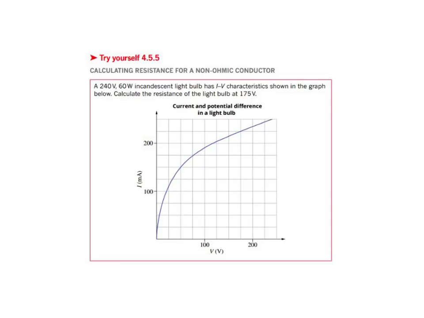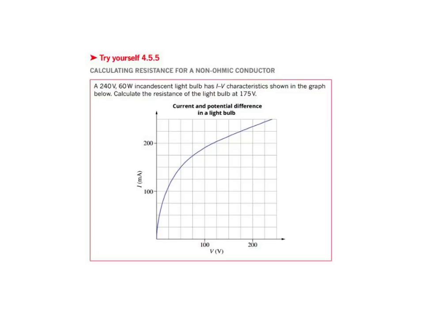Let's try one for ourselves. Here we've got a 240 volt 60 watt light bulb with IV characteristics shown in the graph. Calculate the resistance of the light bulb at 175 volts.